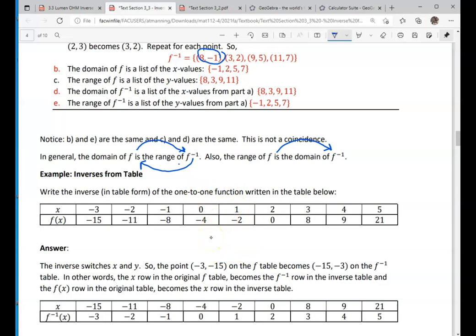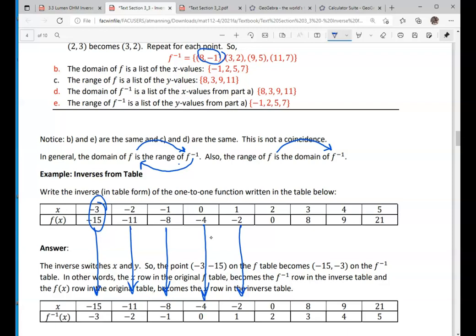Well, simply switching x and y. The inverse takes the output of the original f and gets me back to negative 3. What you're seeing here is the output of f, f of x, fed to the inverse, gets me back to my original input.